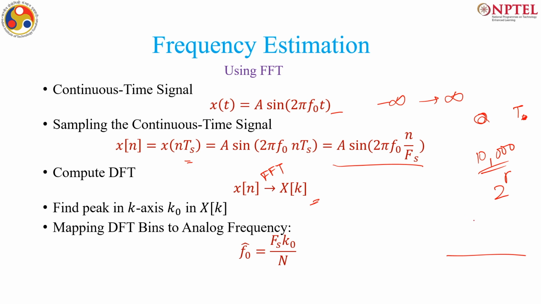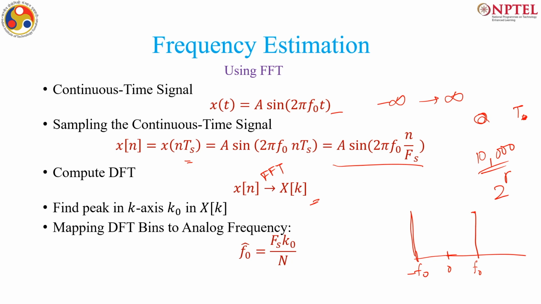In the continuous time spectra, considering the signal is of infinite duration, we should get a specific peak at f naught and possibly minus f naught. Let us consider just the positive half, because for a real signal the spectra will be symmetric.